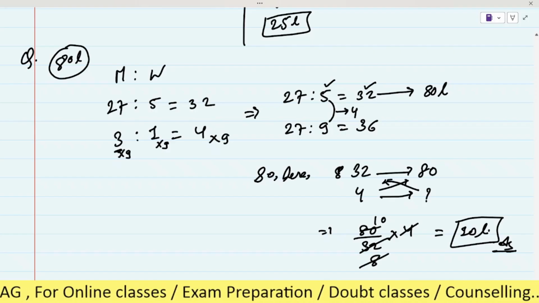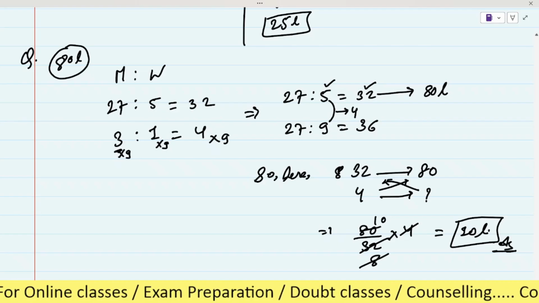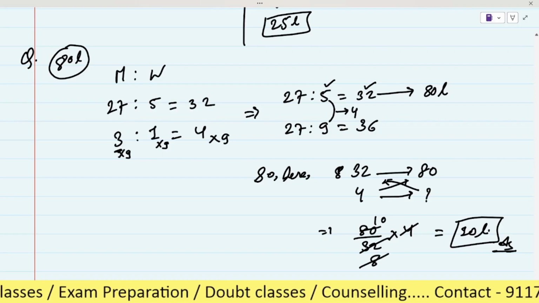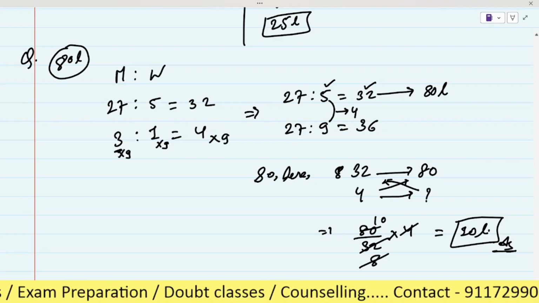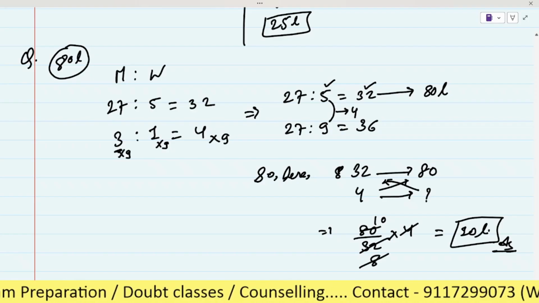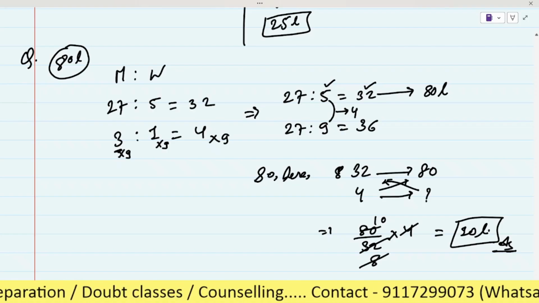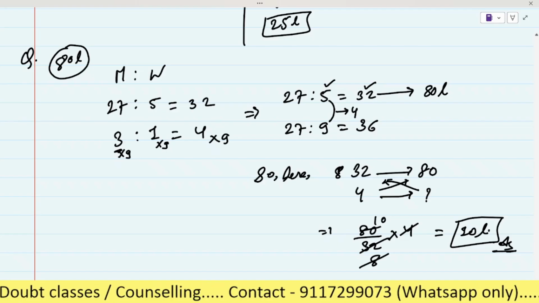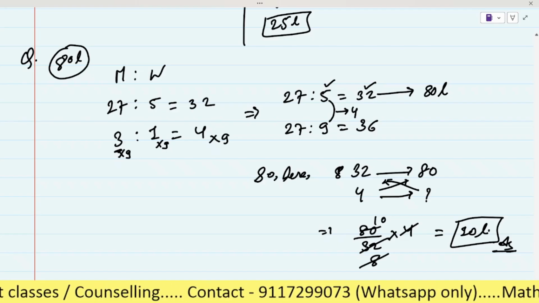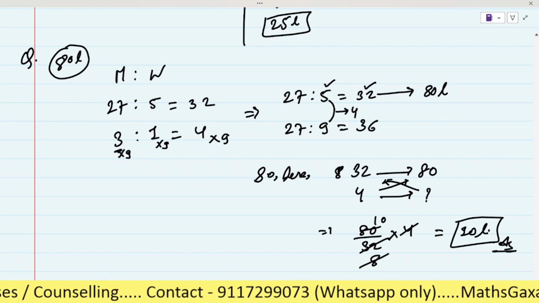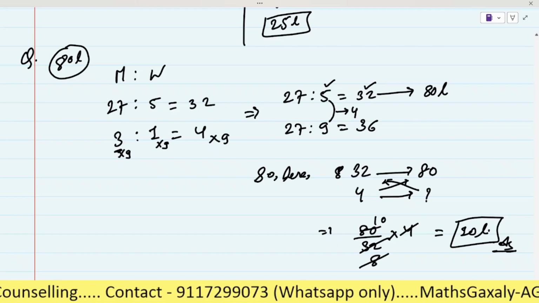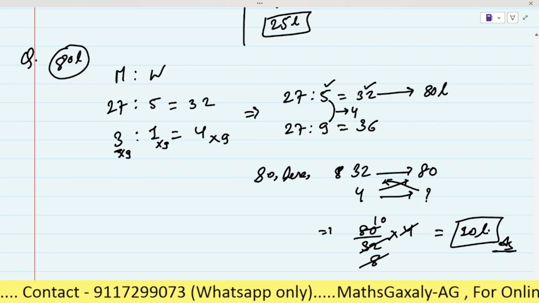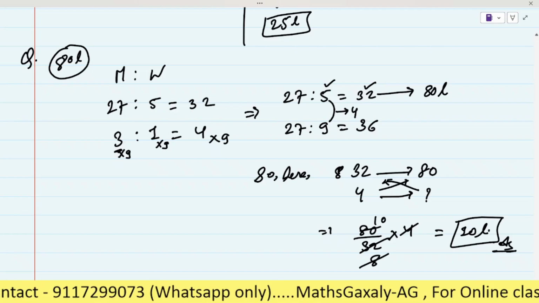Do you want the same question again so that it will be like a practice for you? Okay, write it. Zinc and copper are in the ratio 5 is to 3 in 200 gram of an alloy.